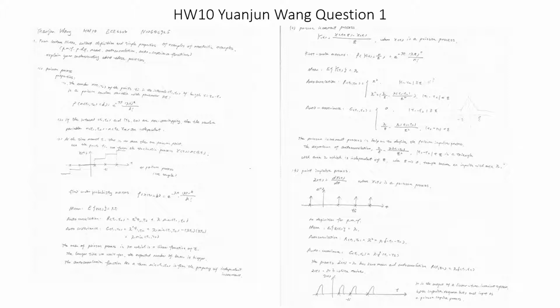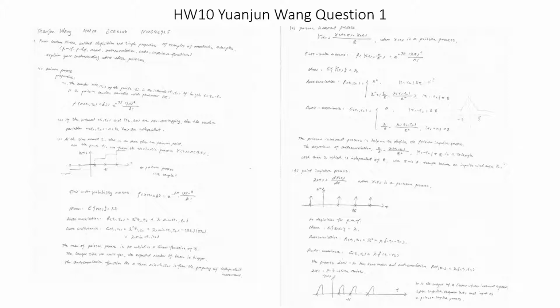The autocorrelation is going to be equal to lambda squared when the absolute value of t1 minus t2 is greater than epsilon, and lambda squared plus lambda over epsilon minus lambda times the absolute value of t1 minus t2 over epsilon, when the absolute value of t1 minus t2 is smaller than epsilon.